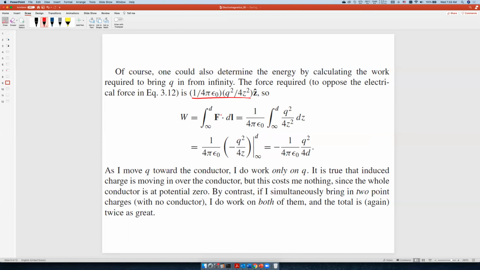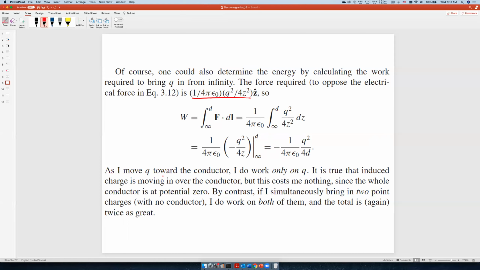Then this is the integral of F dot dl, a line integral. By solving this integral, finally you will get the solution: 1 over 4 pi epsilon times q squared over 4d.